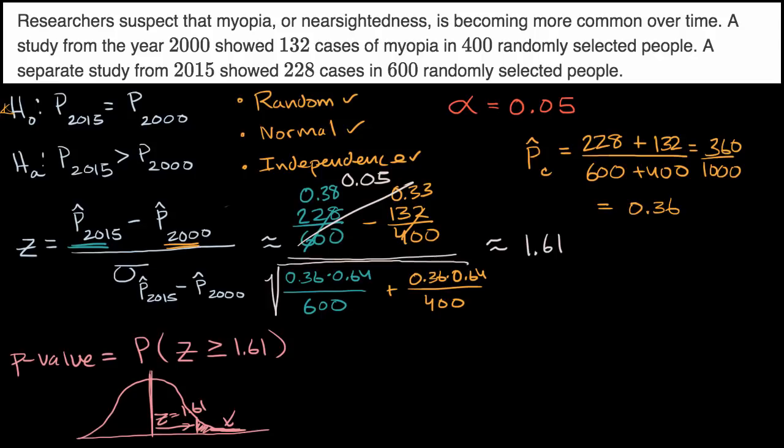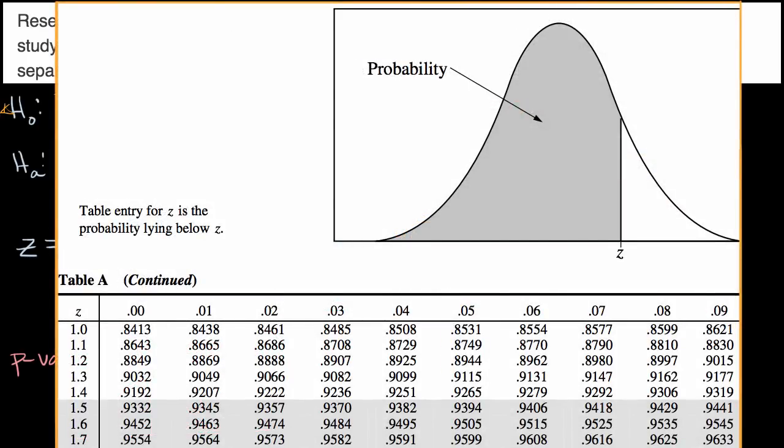And to help us with that, we can get out a z-table. This z-table gives us the cumulative area up to some z-score. And so whatever this gives us, we would just have to do 1 minus that. So if we go to 1.61, we get 0.9463.